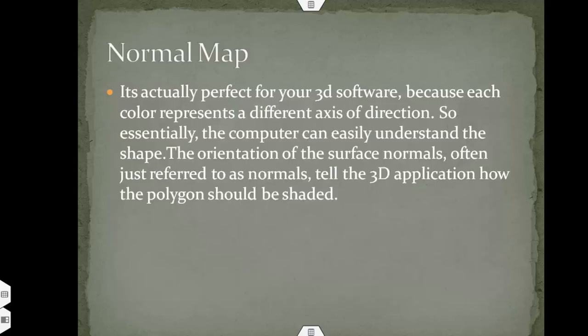The next one is the normal map. Actually, a normal map is perfect for any 3D software because it provides a very real roughness to a texture. Why is it called a normal map? Because, as we know, every polygon has its own normal, and based on the direction of the normal we create the bumps.